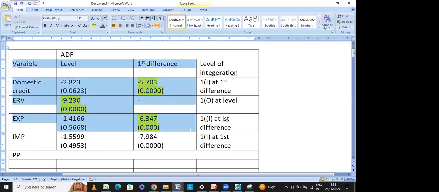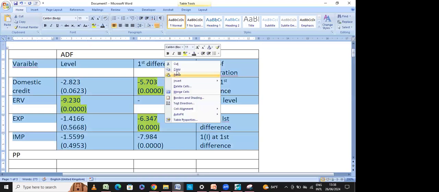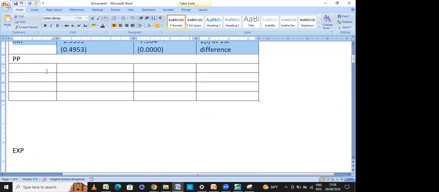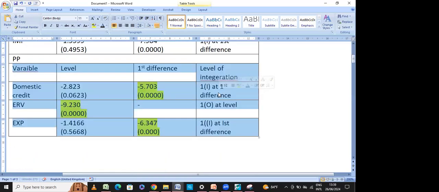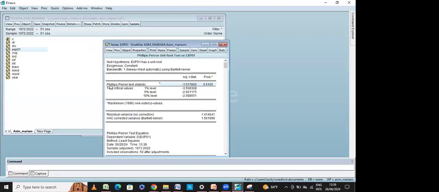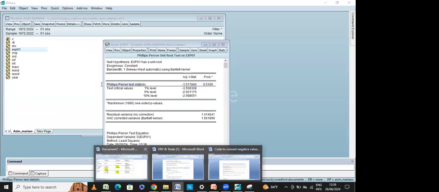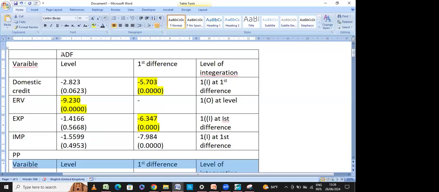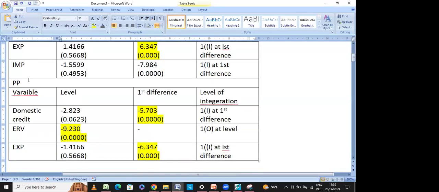Same kind of variables, just copy here, and take the PP test now. So now calculate all the variables, all the tests, based on the Phillips-Perron test. Now you can see you have two kinds of unit root tests, ADF and PP.